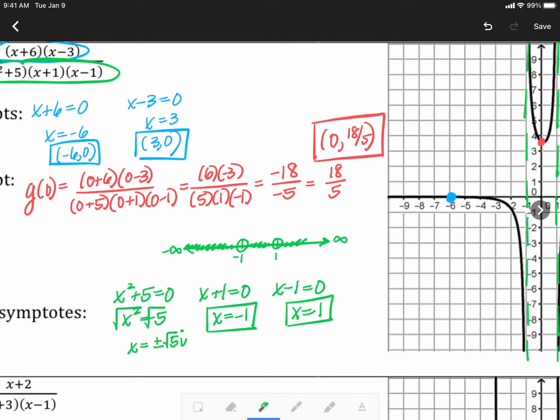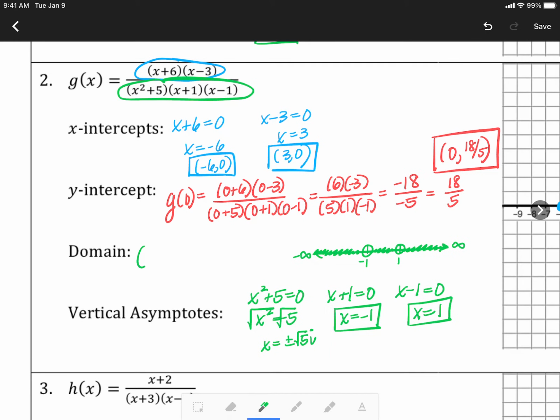Every number in between will be represented on our function. So that means our function is going to have negative infinity up to negative 1, a break at negative 1, negative 1 up to positive 1, a break at positive 1, and then 1 to infinity. You should be noticing that your vertical asymptotes will match your domain every single time.